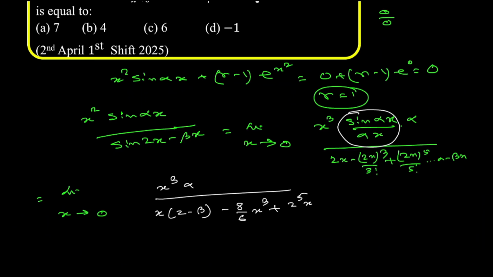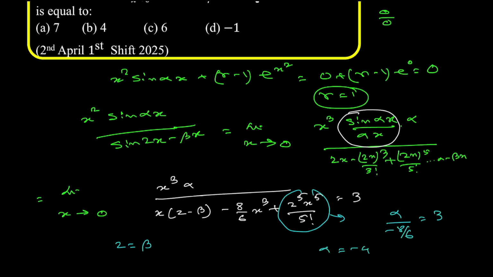All the higher powers will go to 0, and since the numerator's highest degree is x cube and the value is 3, therefore 2 minus beta should be 0, so beta equals 2. Then we put alpha by minus 8 by 6 equal to 3, so alpha equals minus 4.